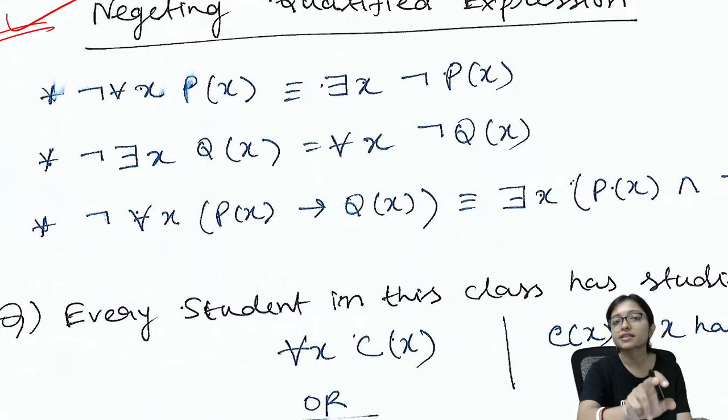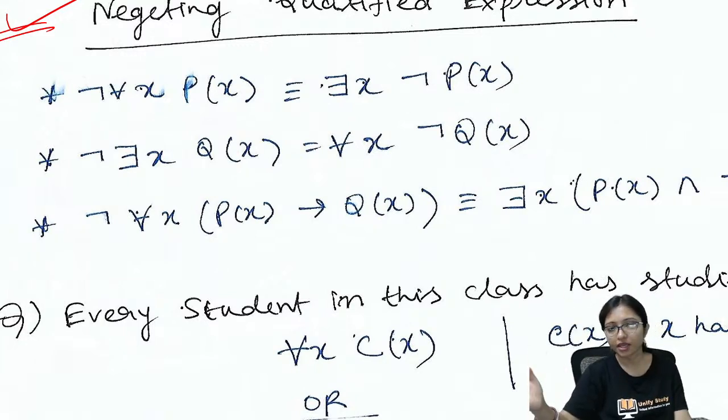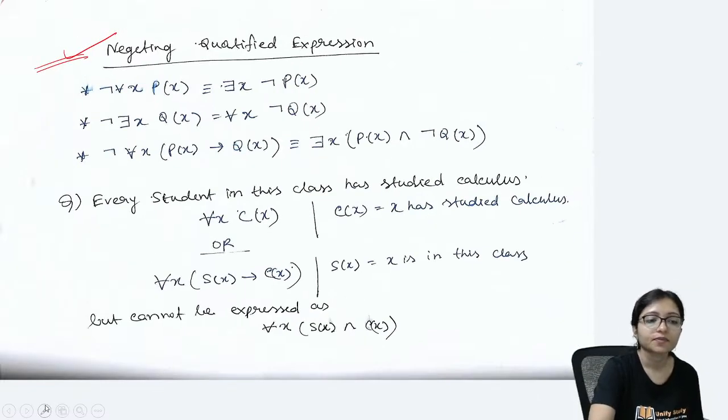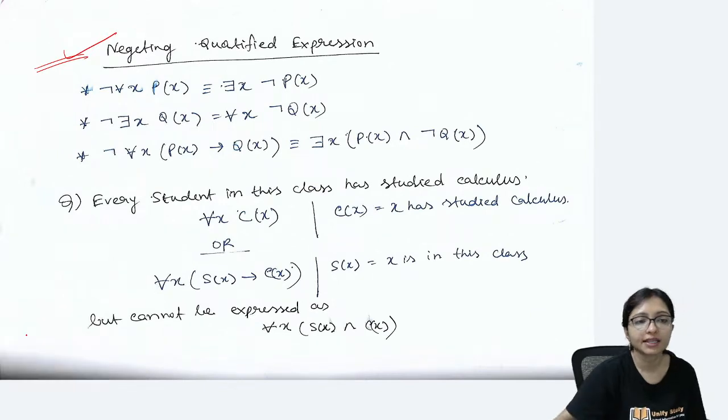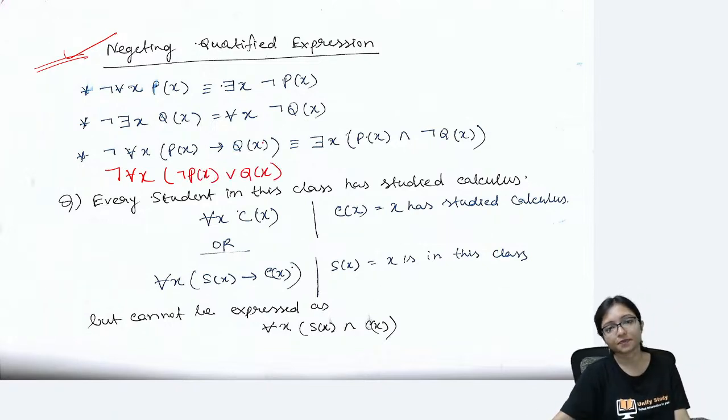Again, not there exists means it will be changed to for all. Okay, not for all. Here you can see the implication. This implication, how is it changing? The implication is changing like that because it is for all x, not P(x) or Q(x). I can write like this. So this for all is changing to there exists, not of not P(x) or Q(x).